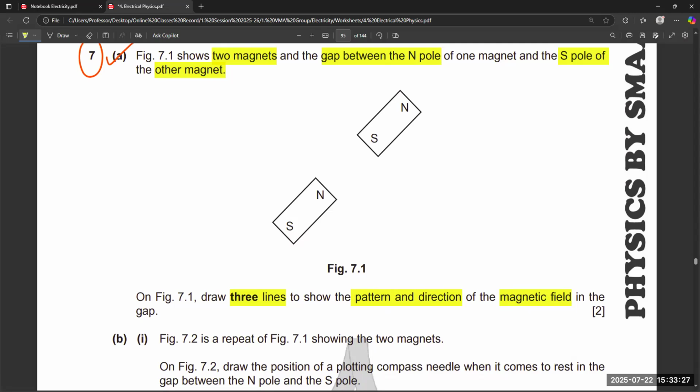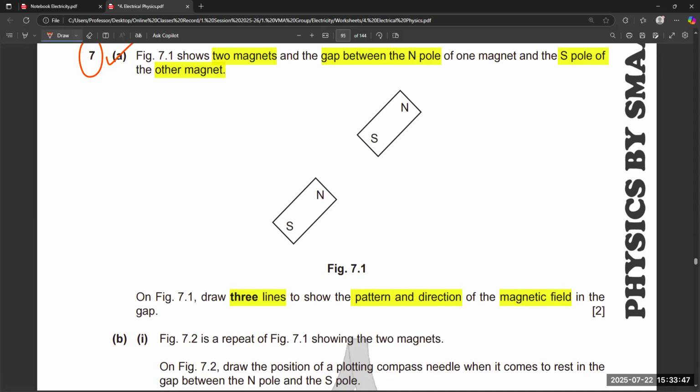Figure 7.2 is a repeat of figure 7.1 showing the two magnets. First of all, we have to draw three lines to show the pattern and direction of the magnetic field. It is very simple.